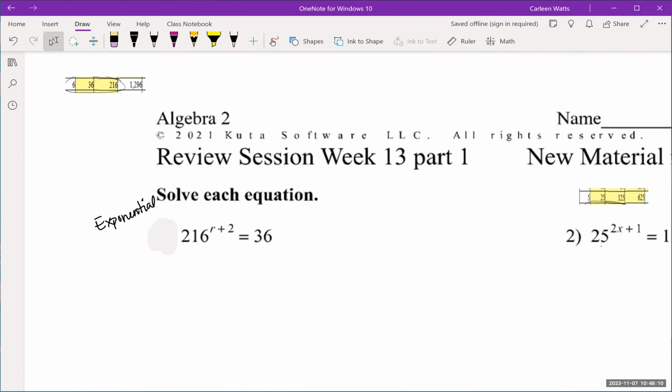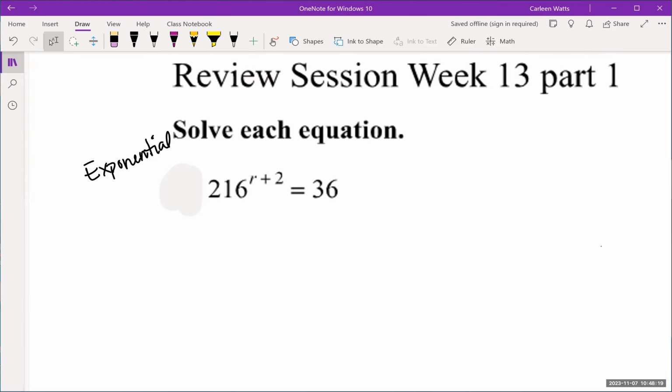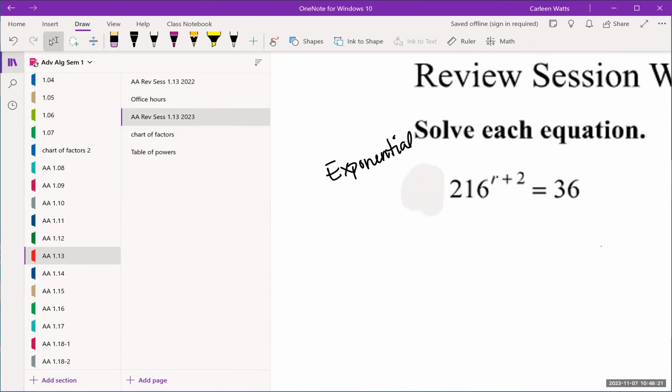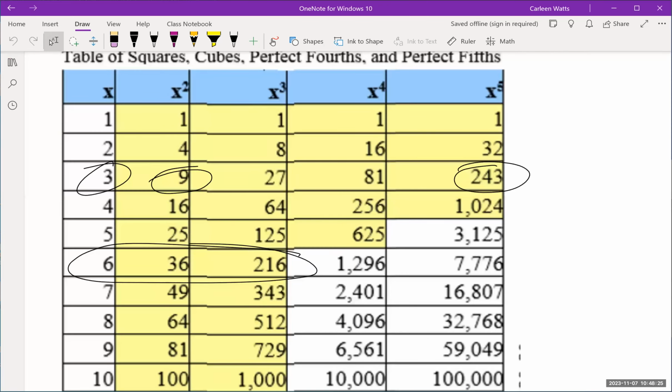So we have, but wait, the bases are not the same. Okay, so let's look at the back of the chart of factors. The back of the chart of factors has the table of powers. Okay, so, and you would have this when you took the test.